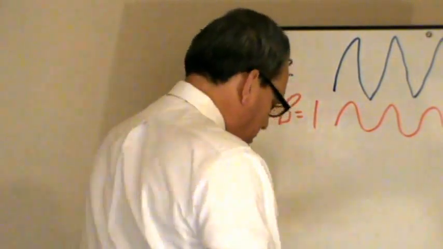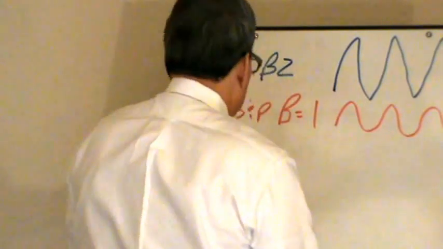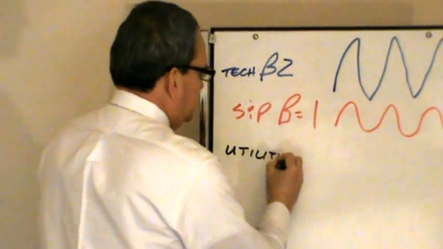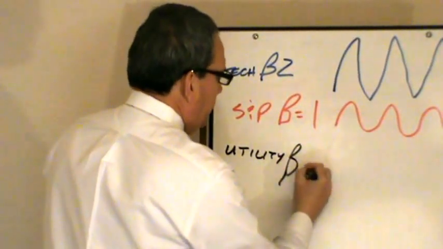Or I could compare it to, let's say, a utility, which has a beta of 0.5.